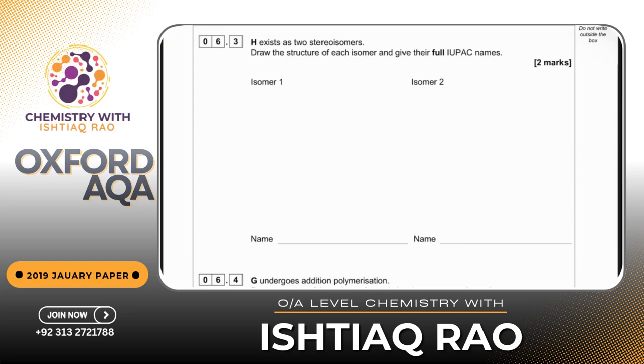I think in one of them we'd have the H on one side and the CH3 on one side, and for isomer two we can have H on top and CH3 on the bottom, if that makes sense. You're saying E and Z, right? Yeah. That's what stereoisomer is, right?